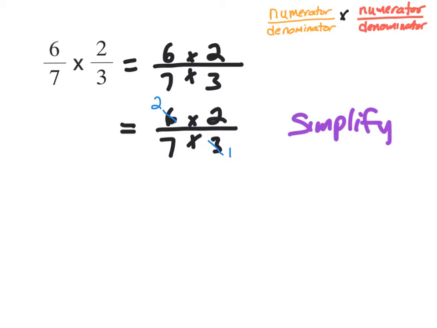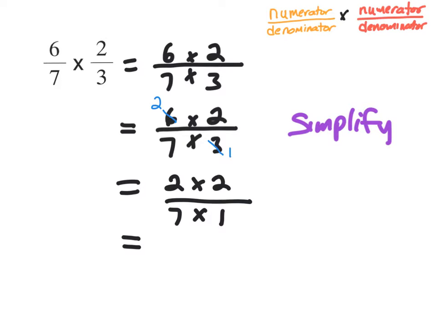So when I go down to the next step, I'm going to go 2 times 2. Maybe rewriting is a great idea so that it doesn't get too confusing. So now I've simplified, and I don't see any other common factors, so now I can multiply.